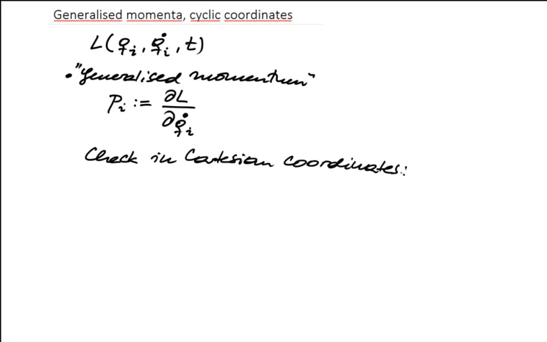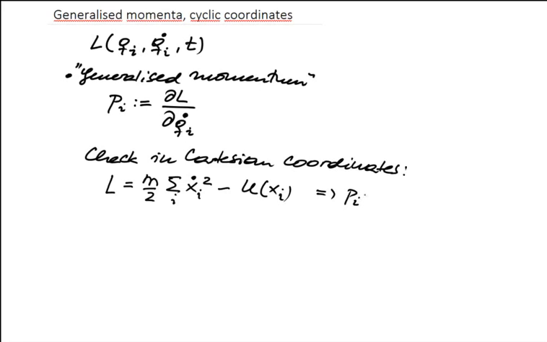In Cartesian coordinates, the Lagrangian, and let's stick to a single particle, is given by kinetic energy, which is mass over 2 times velocity squared, minus the potential, which depends on position.